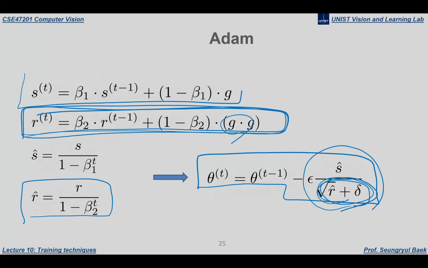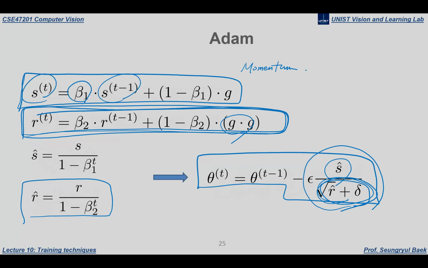But in the above term, here we have something similar to momentum. So we are accumulating this with some weight. This is similar to momentum, and using it to update the gradient as well.